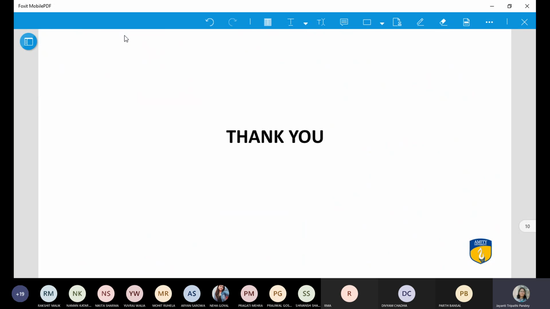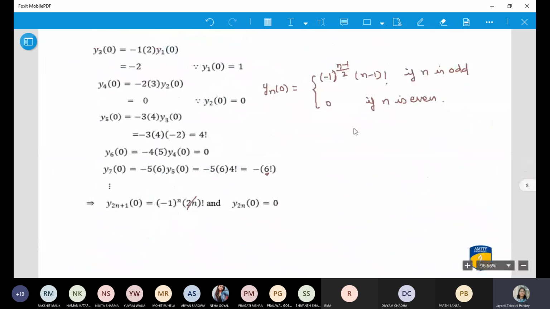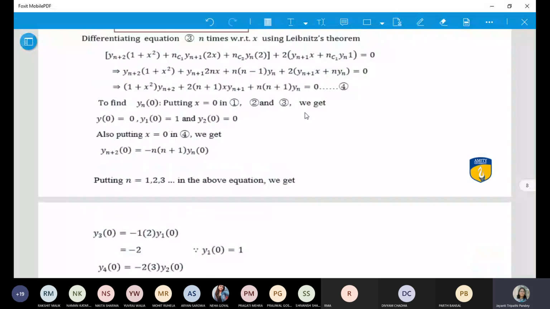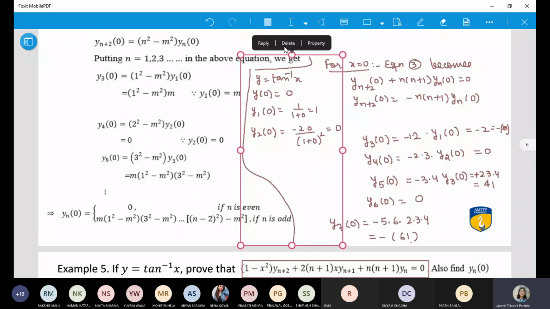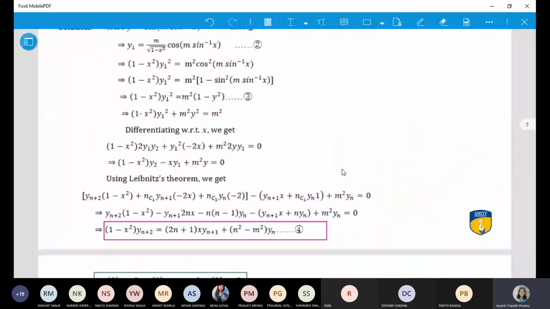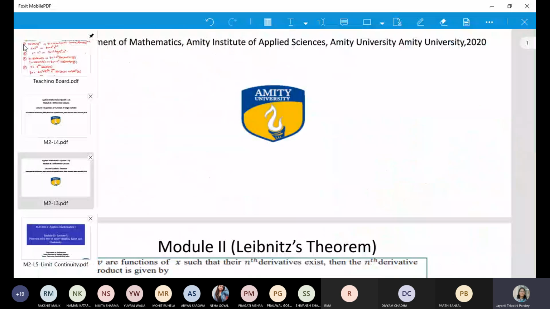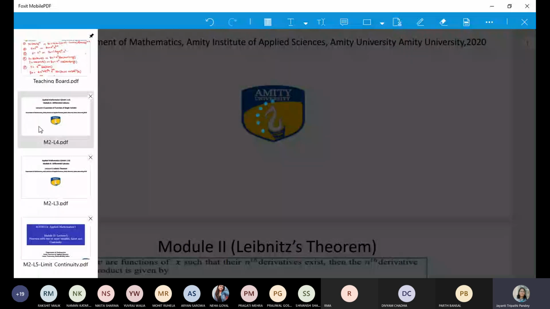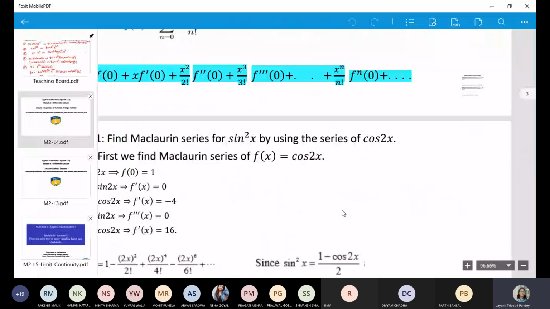Next is the expansion of a series. Okay. So the next thing that I have to explain is expansion of series.